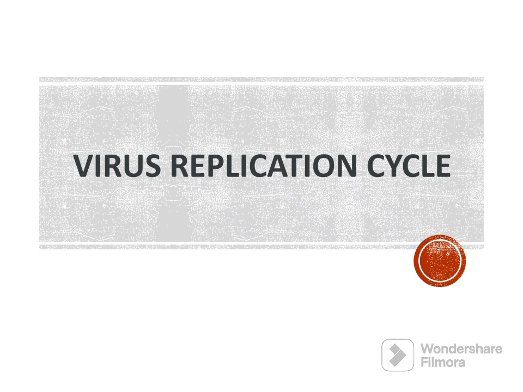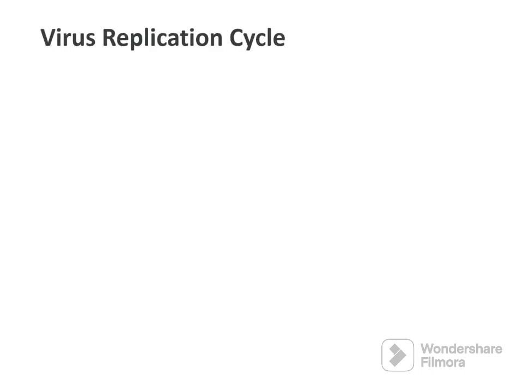I'm discussing viral replication, how viruses multiply themselves. First of all, why do viruses use host cells for replication? This is because viruses do not have the system that can be used to make copies of their own DNA.